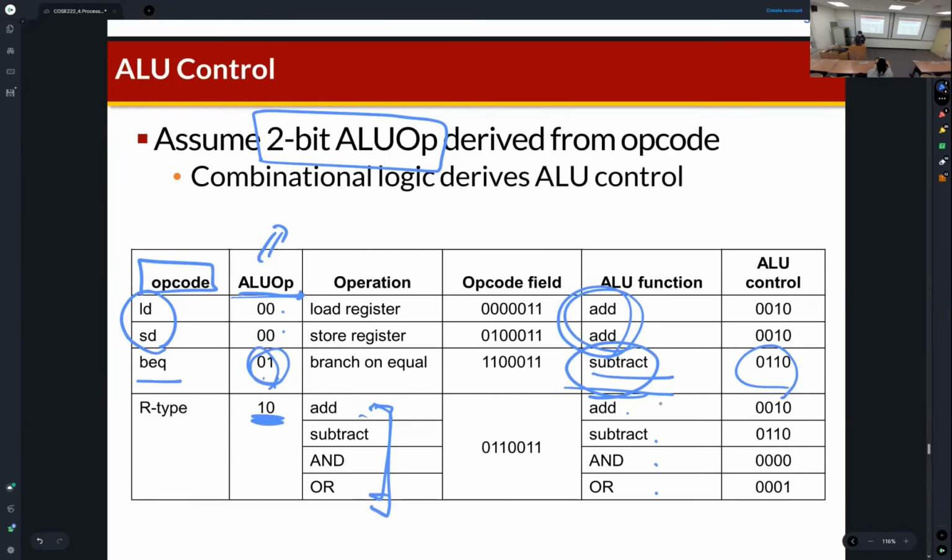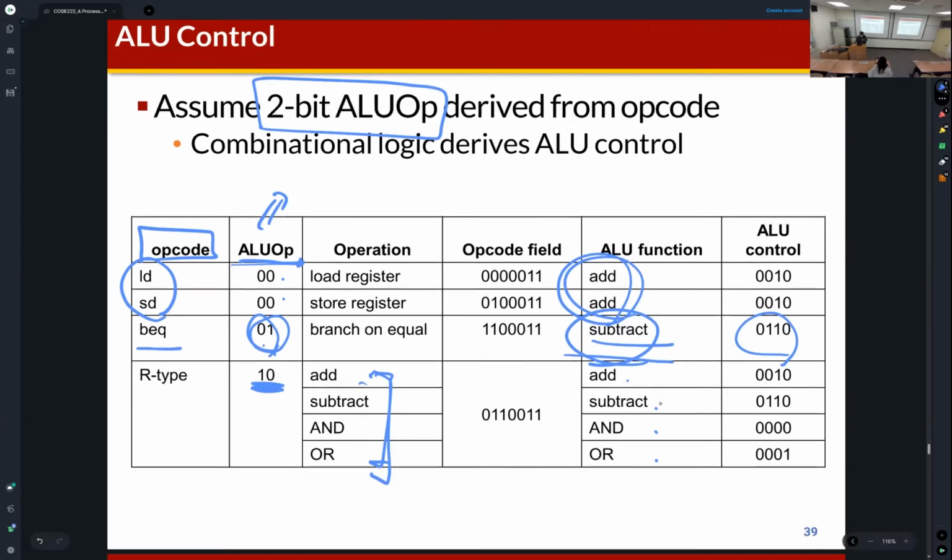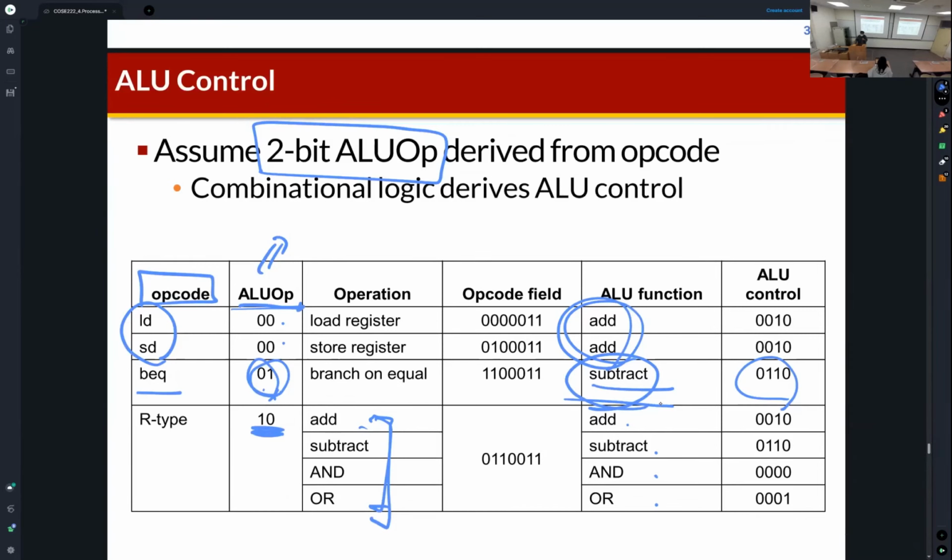Just remember that in this figure, firstly, the 2-bit ALUOp control signals are determined by the OP code field of an instruction, and then the ALU control signals are determined by either the function 3 or function 7 field for the R type instruction. But if the ALUOp is 00 or 01, then the ALU function is determined regardless of the function 3 or function 7 fields.